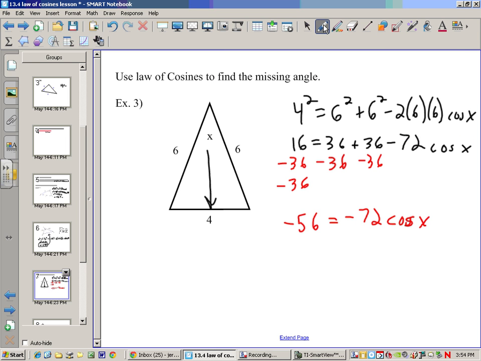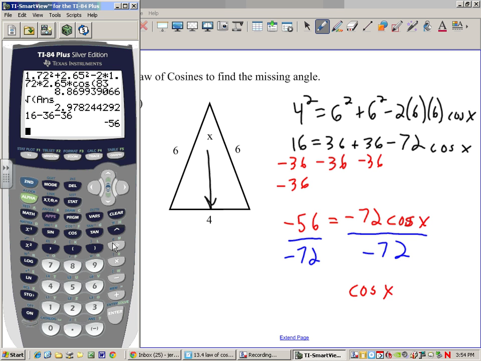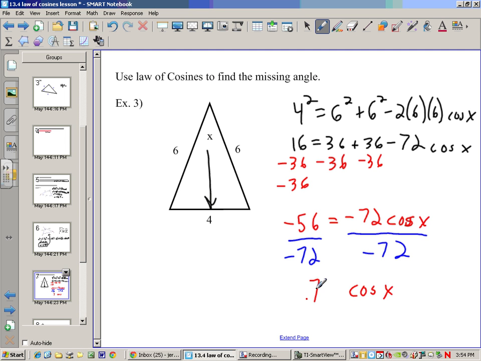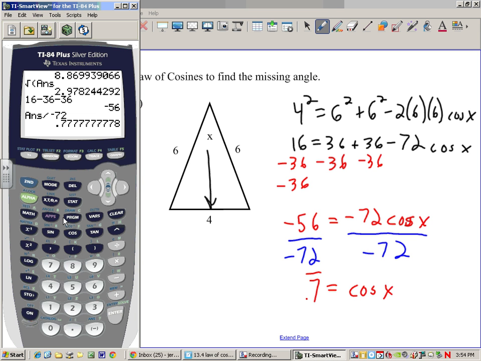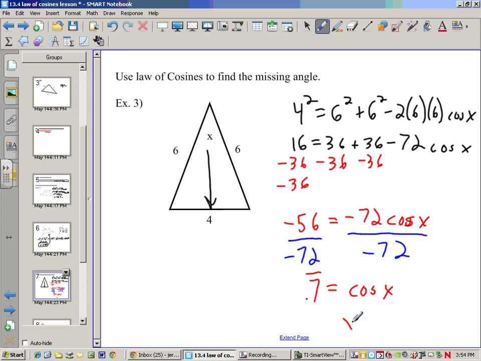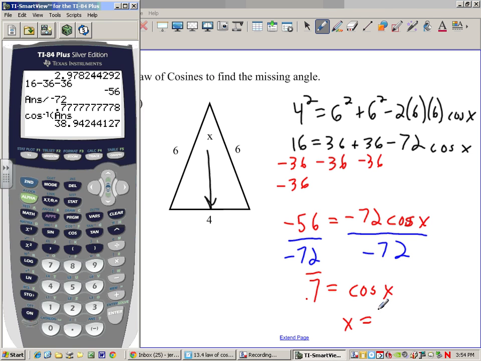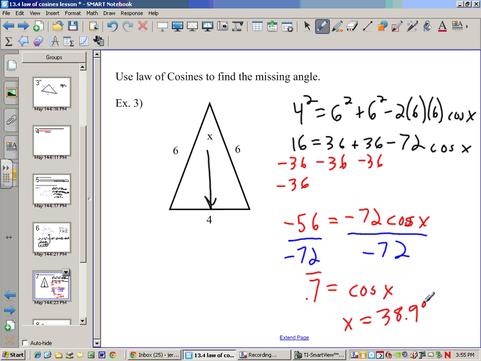So what we need to do here is divide by negative 72, and so we have cosine of x is equal to negative 56 divided by negative 72, which is positive 0.7 repeating. So now what I have to do to find x is take the inverse cosine of this answer, and my angle x was 38.9 degrees.